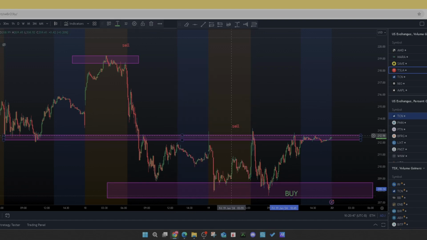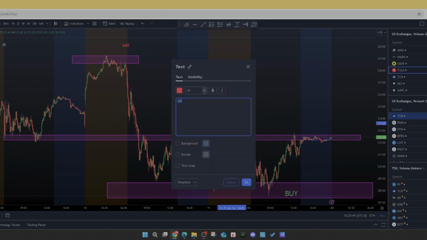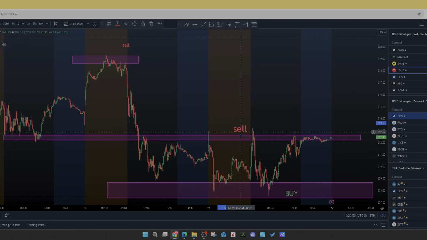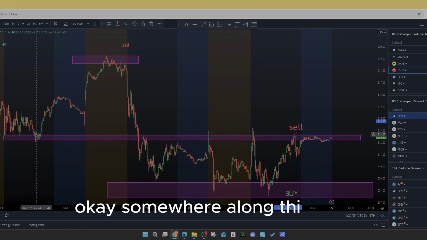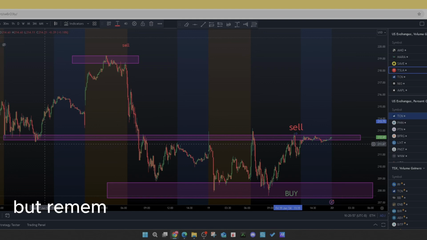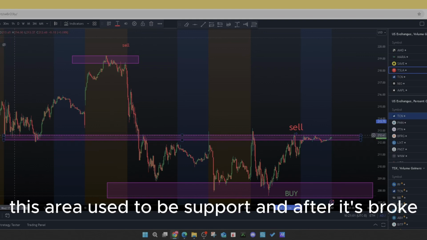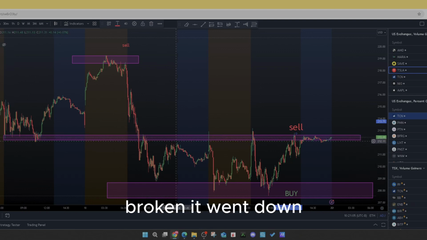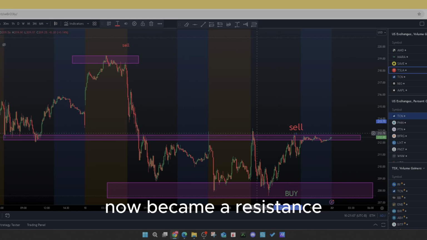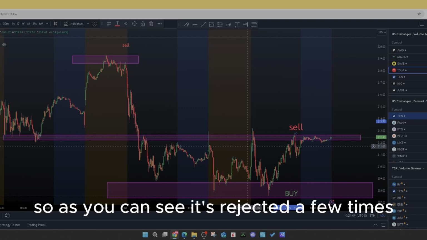Get bigger to see. Okay, somewhere along this area. But remember, we always look left for charting. This area used to be support, and after it's broken, it went down. Now it became a resistance. So as you can see, it's rejected a few times.